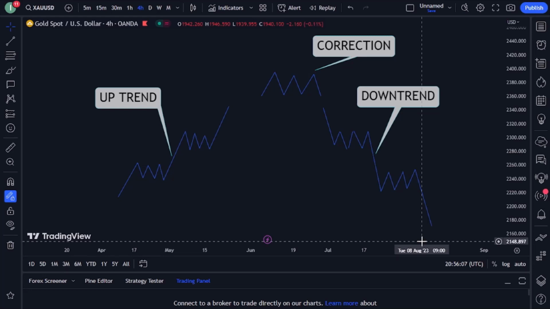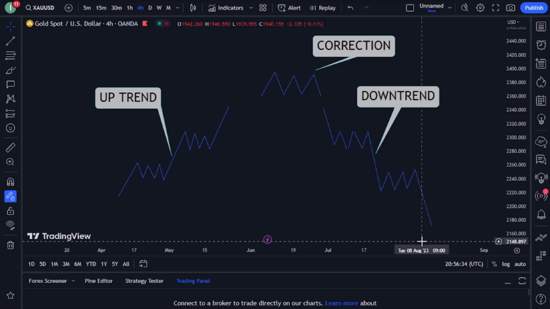If you are able to identify an uptrend, it's going to be easy for you to trade that market, because as soon as you identify it, you know what to do. You must grab your tools, analyze and draw your structure so that you can see if it is trending or on a correction move.